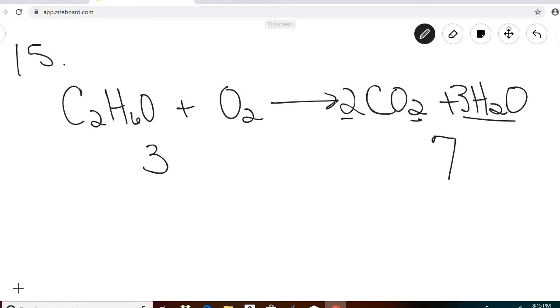Okay, so we need 4 more oxygens over here. We have 1 here, and we need 7. So if we can get 6 from this, that will give us our 7. So if we have 3 molecules of oxygen gas, that gives us 6 here and 1 there. So 7 oxygens on each side.